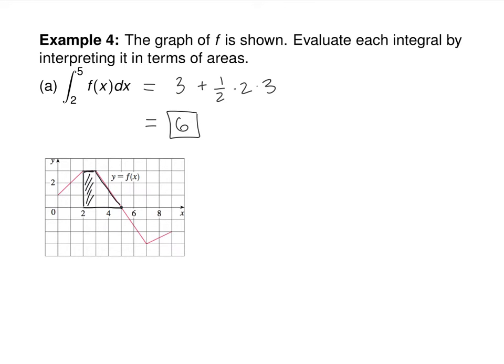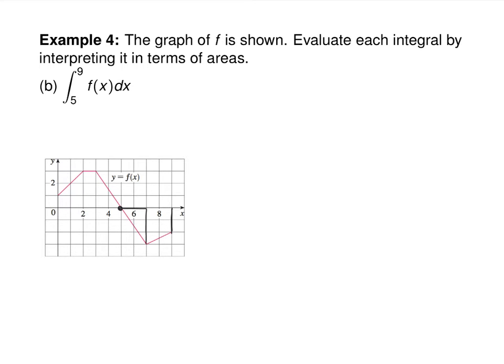How about 5 and 9? So that's from here to there, right? There are probably lots of ways to look at it, but I think about it as this triangle and a square. That's just my personal preference.